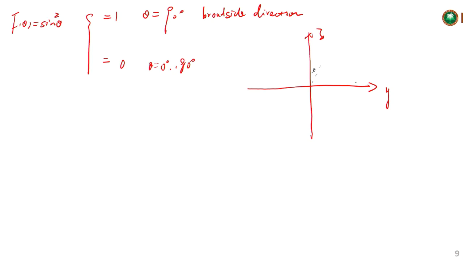So when theta equals 0 it is 1, when theta equals 90 degree it is 0, so it becomes like this. And this side the same thing. Am I correct?